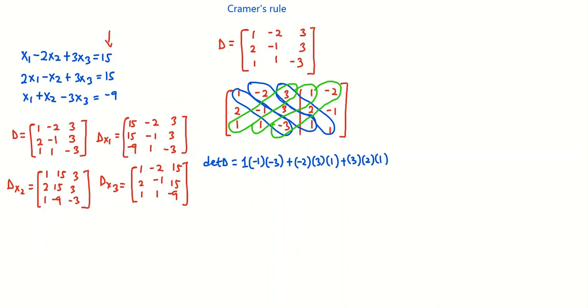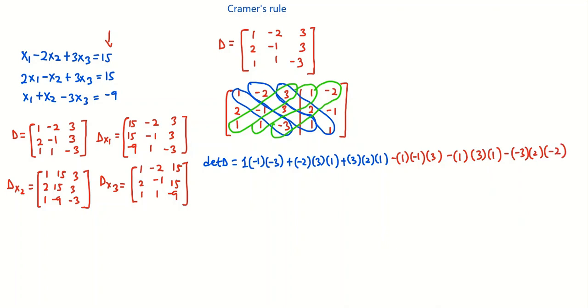Then we look at the bottom side too. We have minus 1 multiplying minus 1 multiplying 3. Then minus 1 again multiplying 3, for the second diagonal from the bottom left, and then multiplying 1. Then minus 3 multiplying 2 multiplying minus 2, which is the last diagonal from the bottom left.